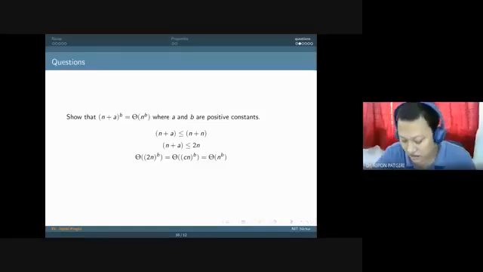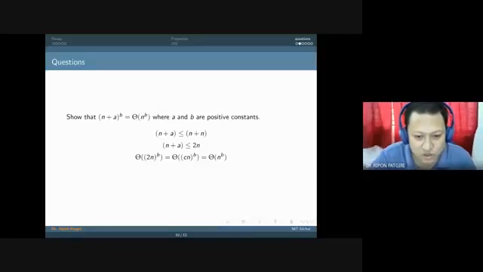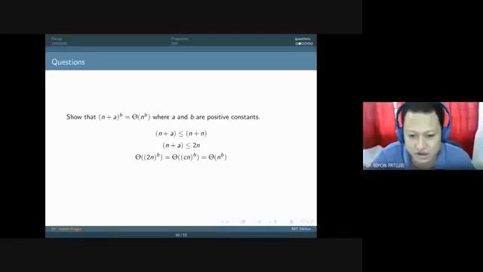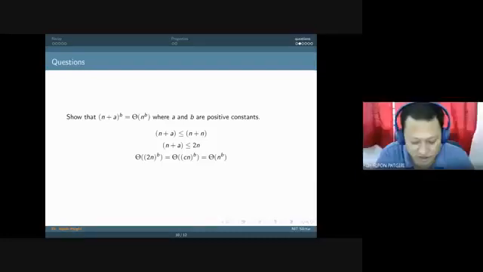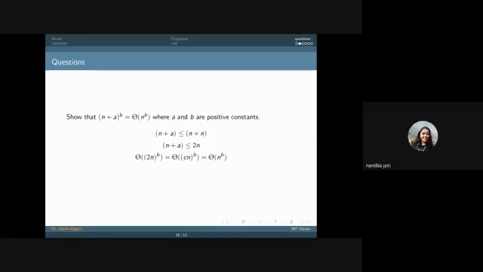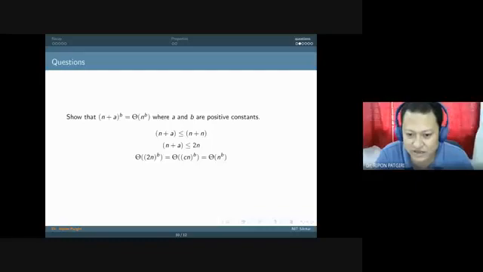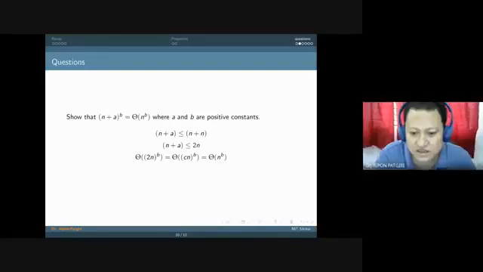Suppose one loop is running 1 to n times, and inside that loop, it is running 1 to n times, then the time complexity becomes n to the power 2, that is n square. Suppose it is sequential, then it becomes n plus n, then it is twice n. So twice n is the same as big O of n.